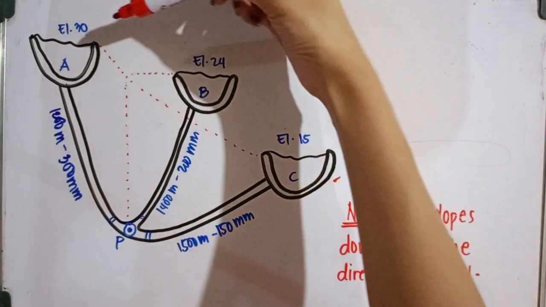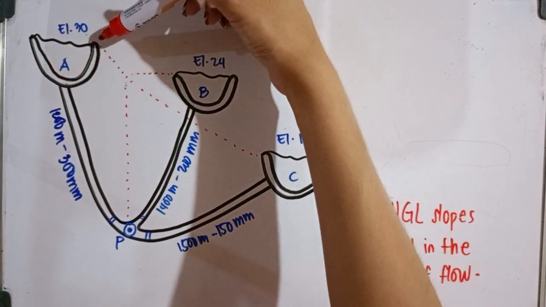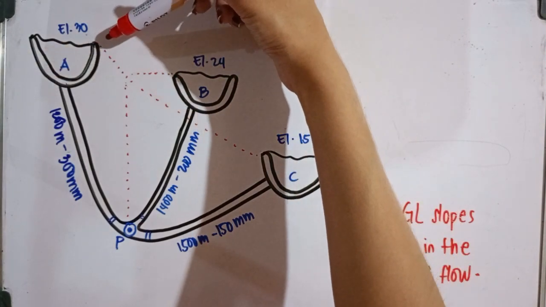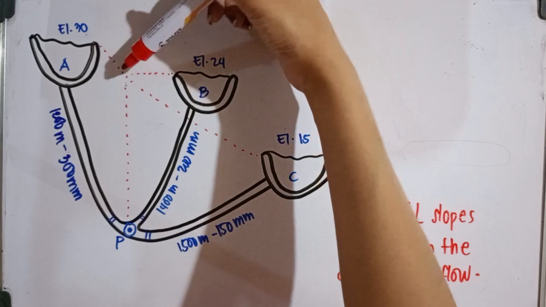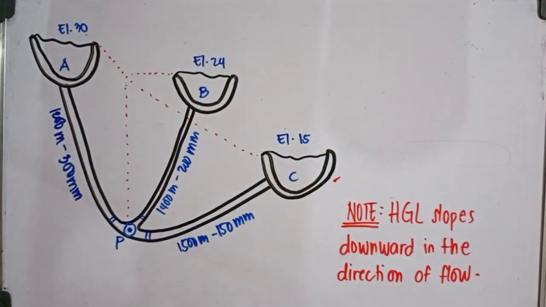So the hydraulic grade line here at A is going to slope downward from left to right, and as well for C. And what is asked in the problem is that we compute the discharge flowing towards reservoir C. But in order to do that, we must first find the head losses of A and C. And we can get that by getting the difference of the elevations of A and B and C.